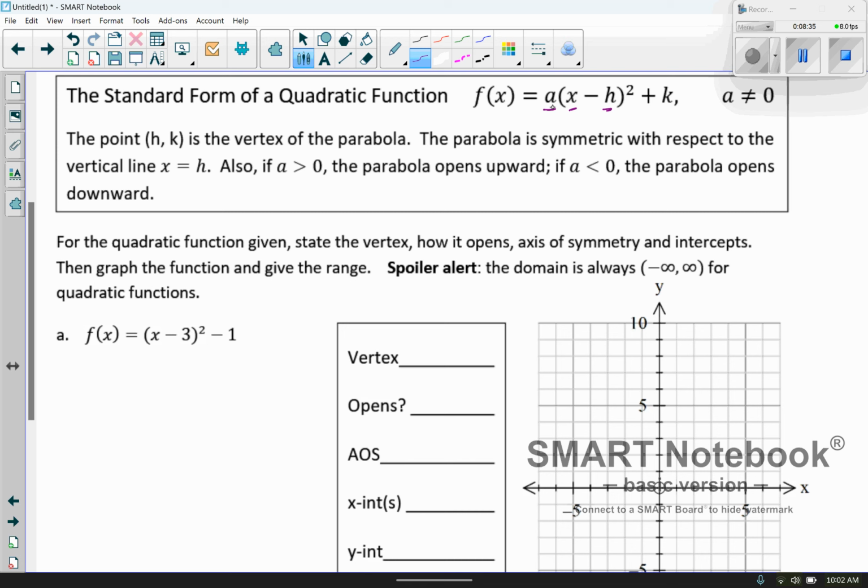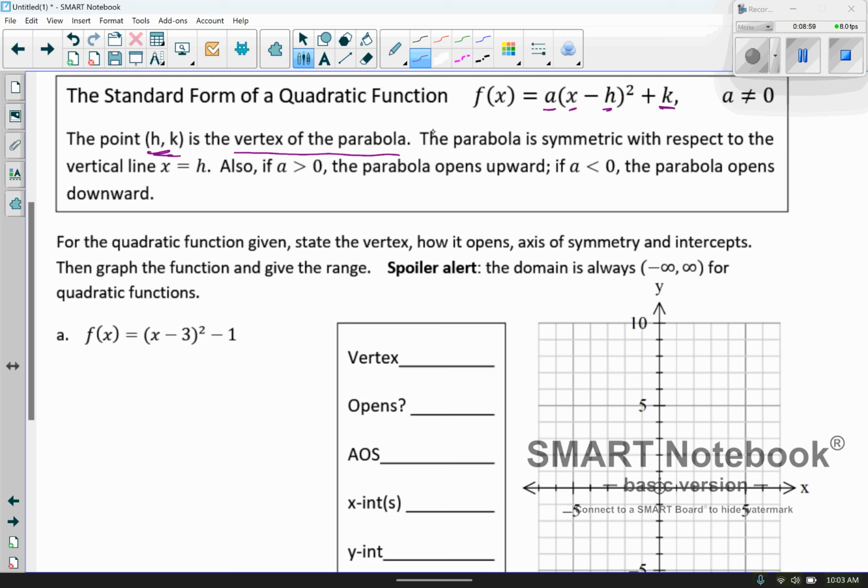Let's look at this right here because this is going to give us some interesting information. The point (h, k) is the vertex of the parabola. So those two values right there actually will give you your vertex. The parabola is symmetrical with respect to the line x = h.